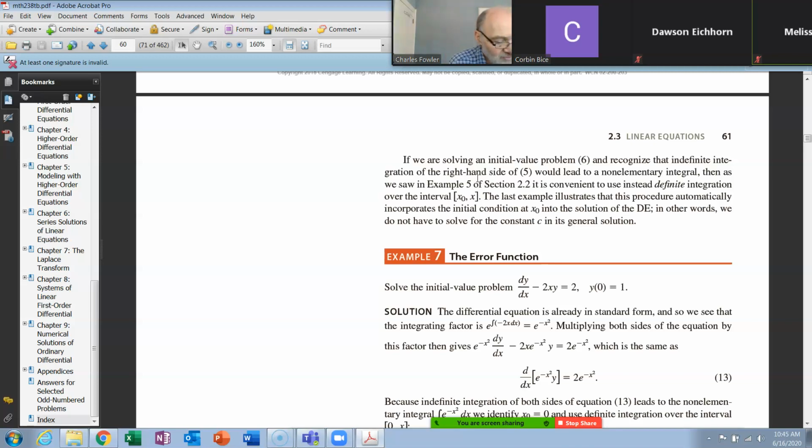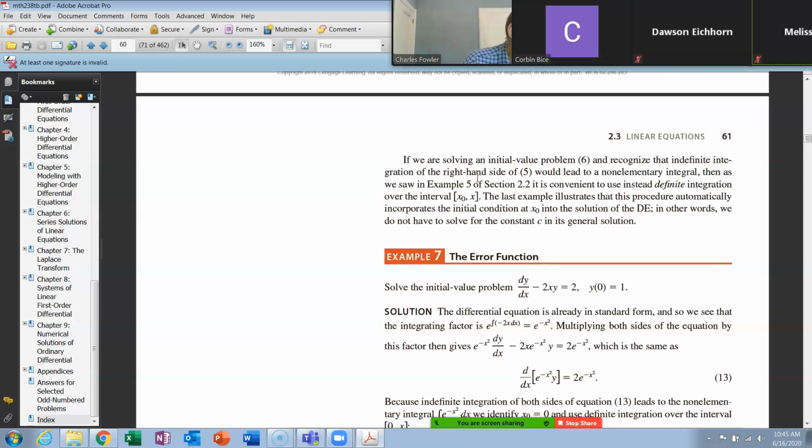Okay. Homework exercises. Here would be any of the odds. This is on the next page, 1 through, wow, 23. Any of the odds, 25 to 35. Any of the odds, 37 to 39. Any of these are in the back of the book. I think you can do 41.